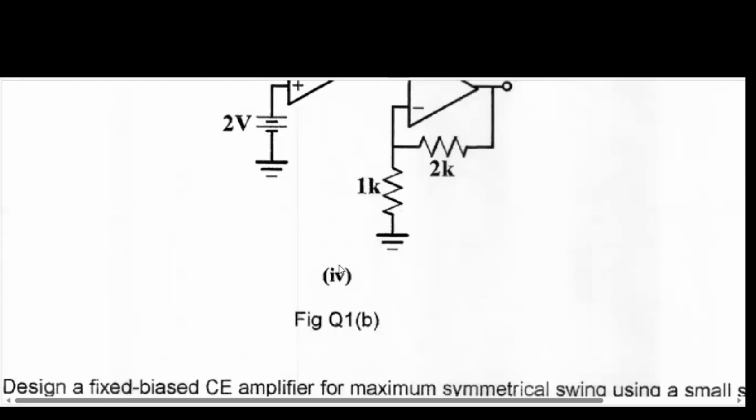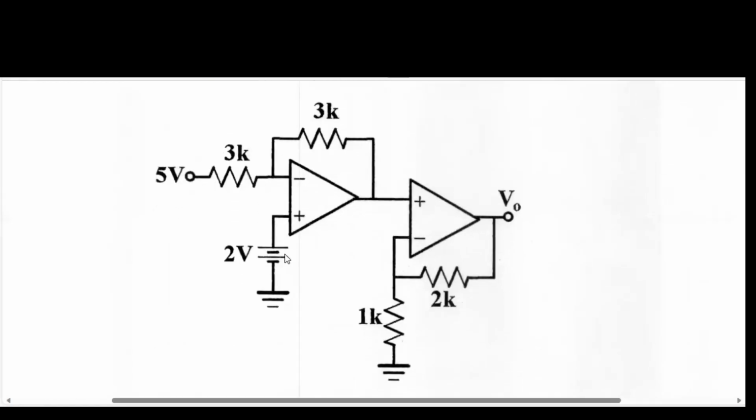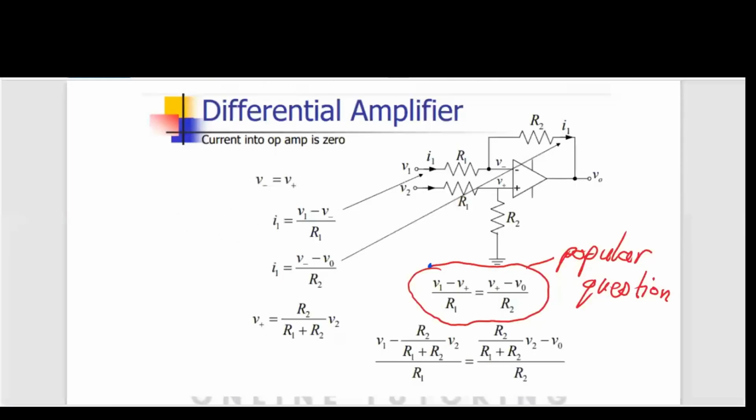So, this question here, you notice that for the voltage source, you have a battery here. So this here is seeing 2 volts. And if you notice, this is a differential amplifier. So if you go back to the sketch, look at it here. See it? R1, R2, R2, R1. You have this going here, and you have 2 inputs, V1 and V2. So in this case, V2 is grounded, and it has a voltage source.